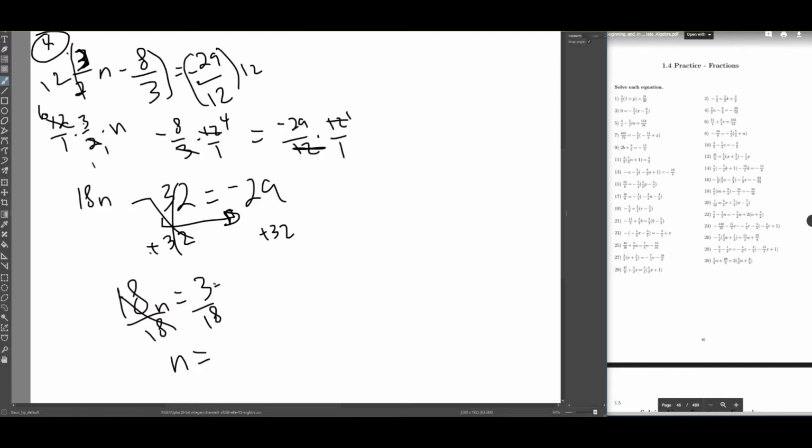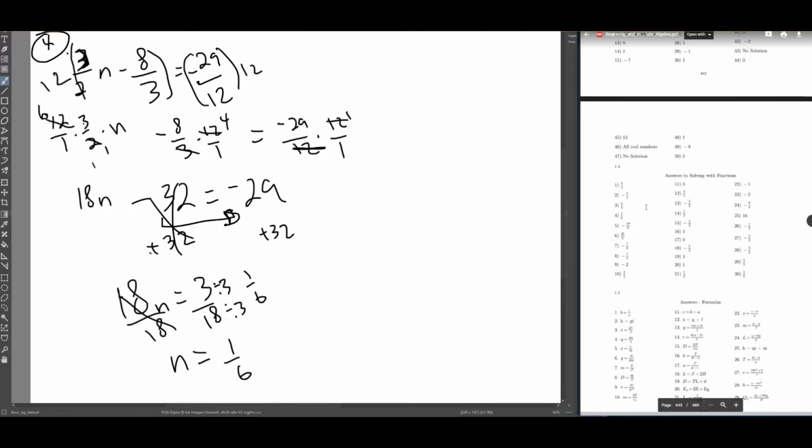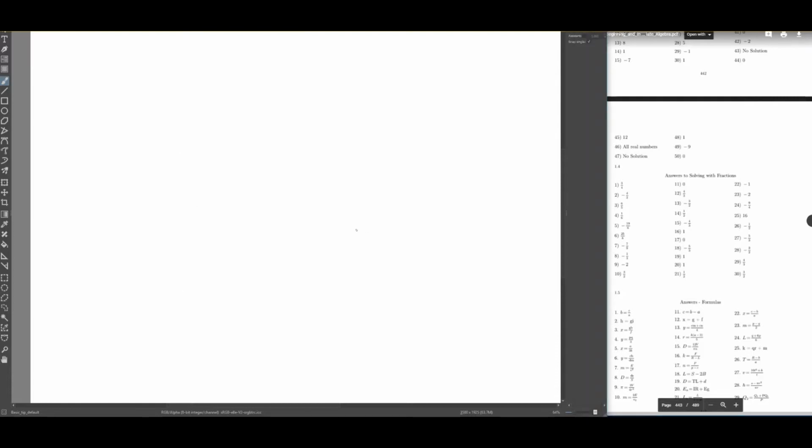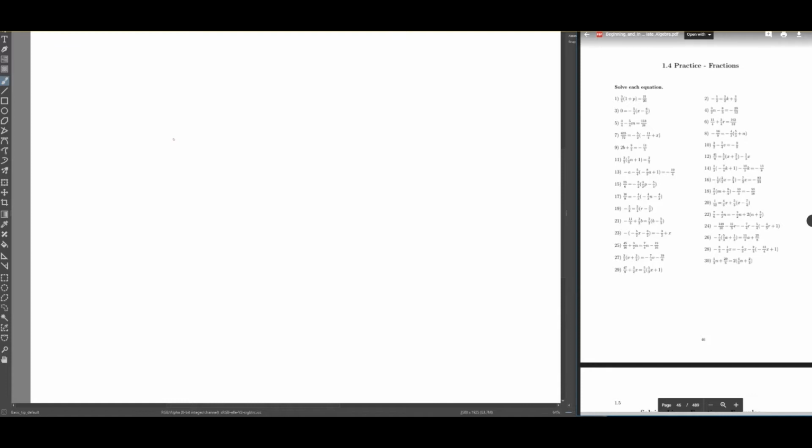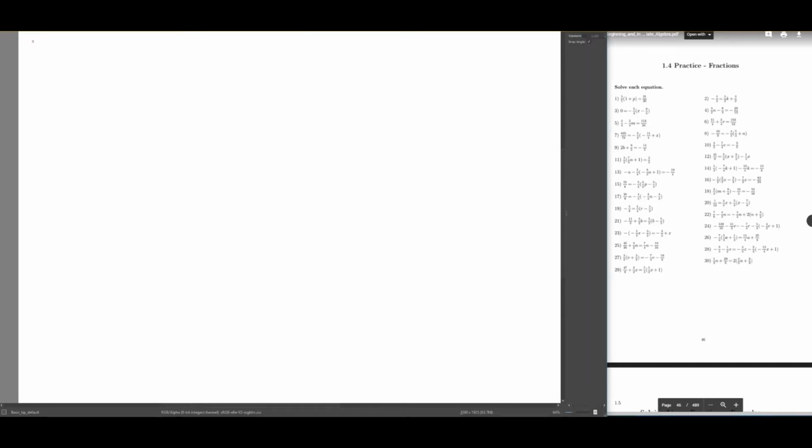Then I'm left with 18n equals minus 29 plus 32, does that equal 3? I think it does. If I divide both by 18, n equals 3 over 18. If I divide this by 3 and this by 3, I will get 1 over 6. And let's see if I got the right answer.